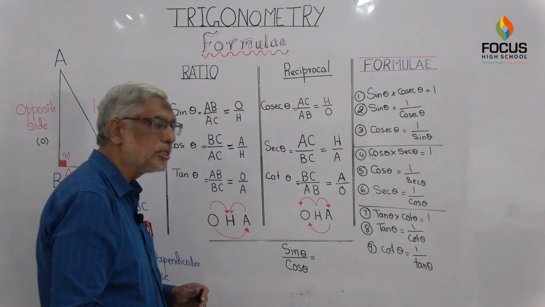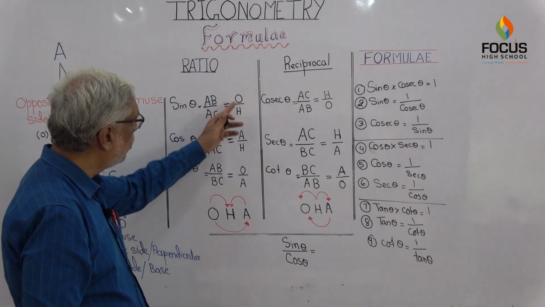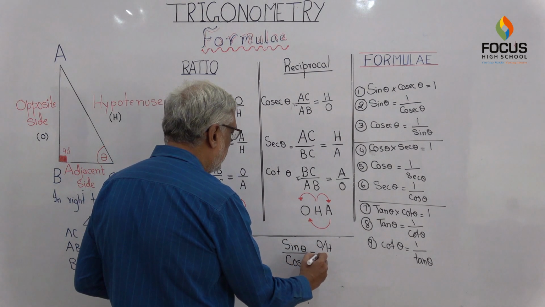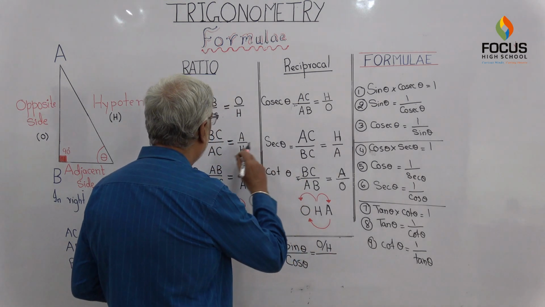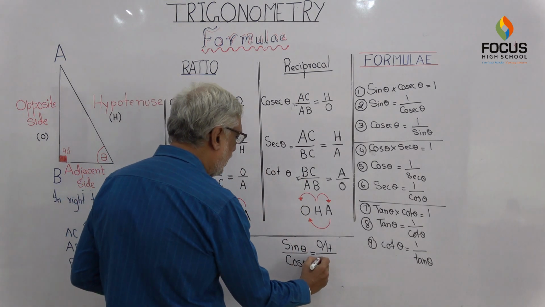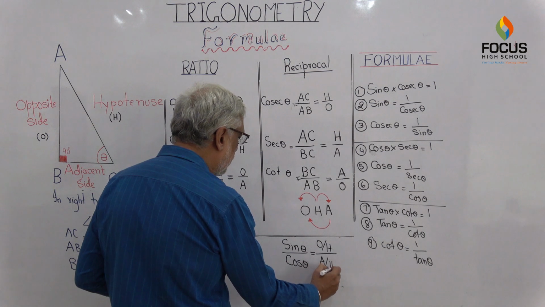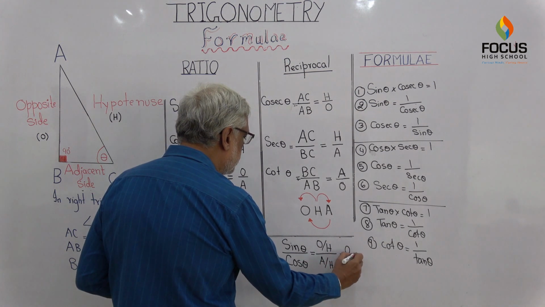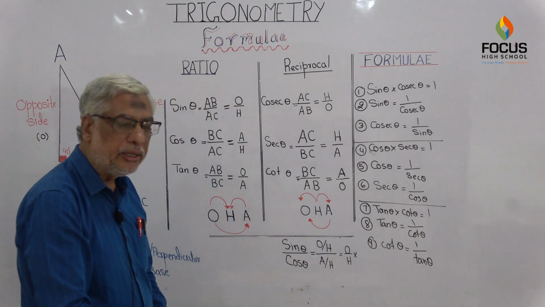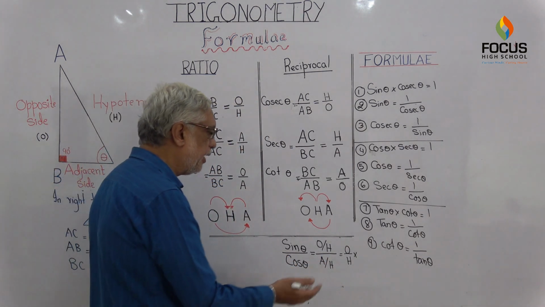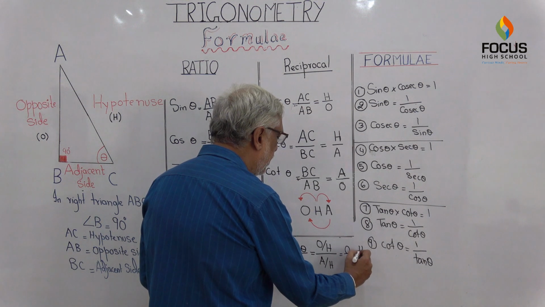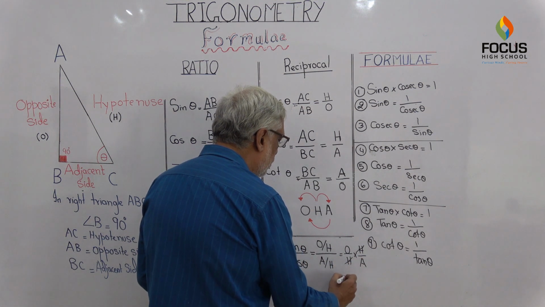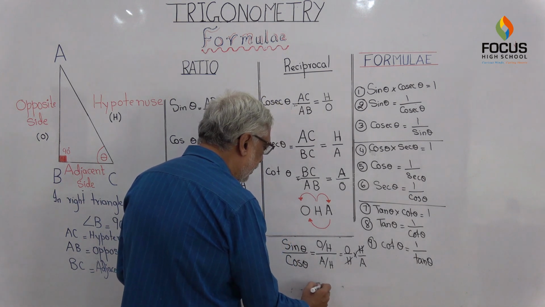Sine is opposite upon hypotenuse, O upon H, divided by cos, which is A upon H. On simplification, if I write the first ratio O by H, and take the second denominator to the numerator, it will get reciprocated, it will become H upon A, H and H cancel. What will I be getting?